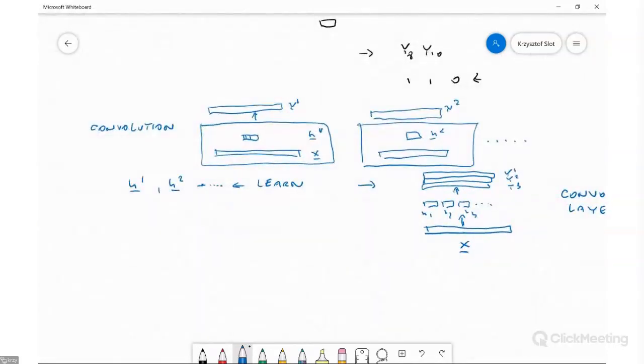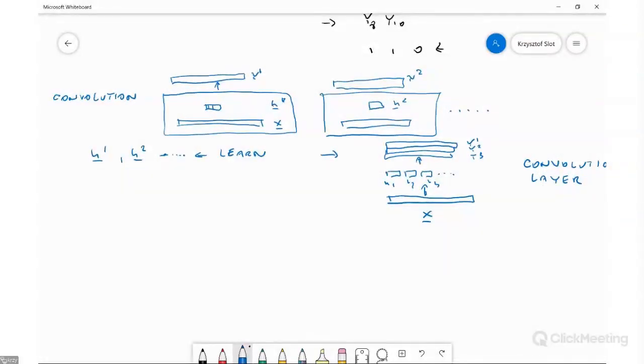So at the basis of all of these operations is this dot product. What I'm computing is a dot product of a filter and a part of input centered at i. And the output is just an element of the output vector. And observe that basically it is a transformation that just a linear neuron is doing.